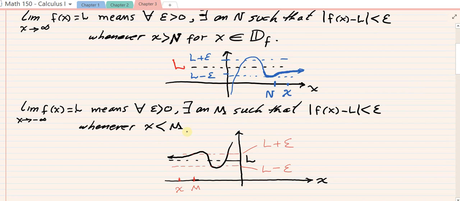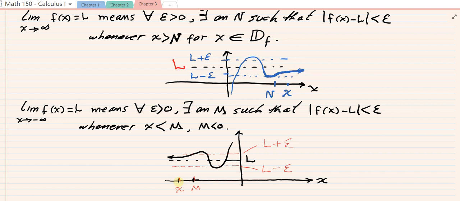So maybe I should put that here, where M is less than 0, M is negative, such that the absolute value of f of x minus L is less than epsilon, whenever x is less than M. Okay, so if you think about M, again, a very small number, x is even smaller than that. So the same idea of stabilization as x gets very small.